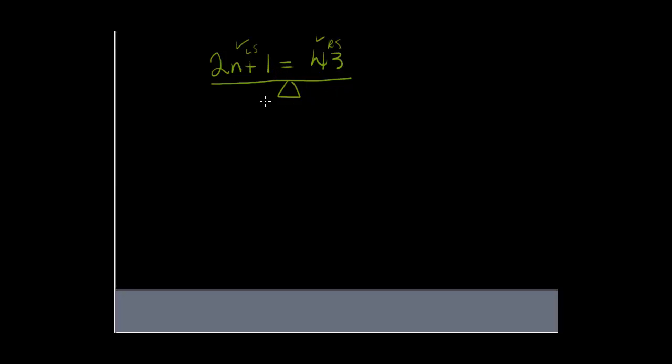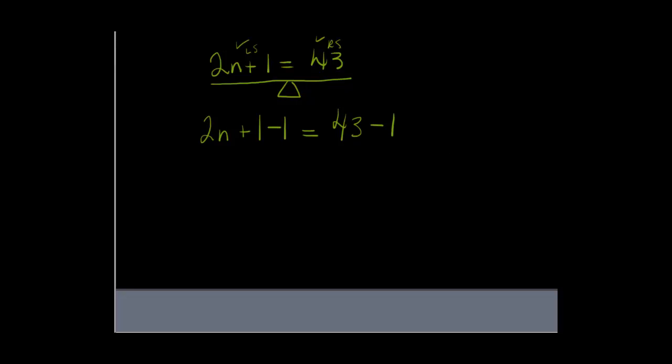What we did in the picture, if you can remember, is I removed this 1. Well, what does that look like? How do I remove a plus 1 in math? That's right, I subtract 1. But what I do to one side, I have to do to the other. Therefore, I need to subtract 1 from 43.